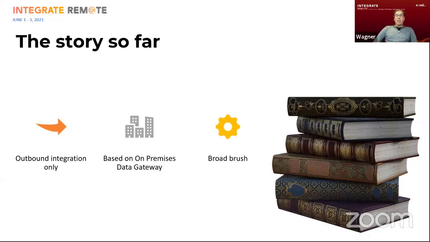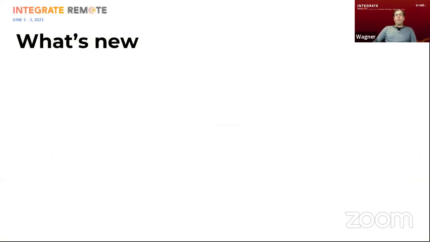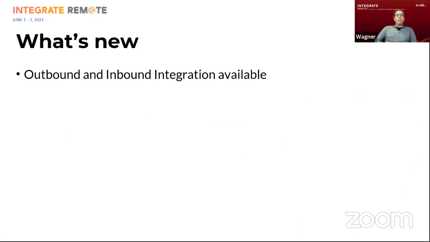And the on-premises data gateway is quite a broad brush, right? You open the channel, but we didn't have a fine-grained way of saying I want to go to this specific resource and this specific port. You just open the channel and you have to manage the security in a different layer. What is new now is that you have outbound and inbound integration with networks and on-premises available, and it's much more focused because you're able to put a lot more control and be much more granular.